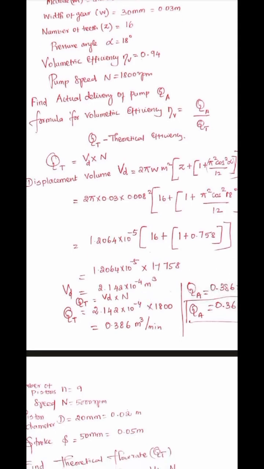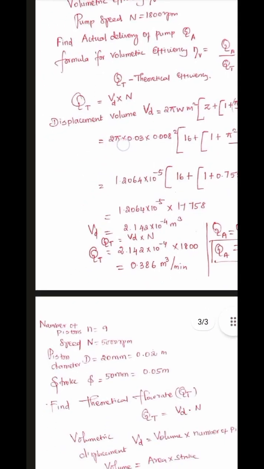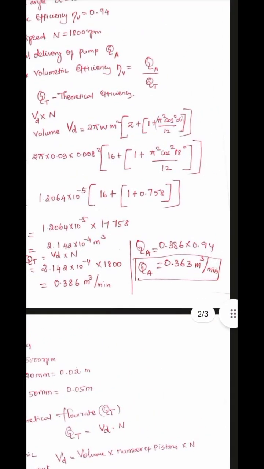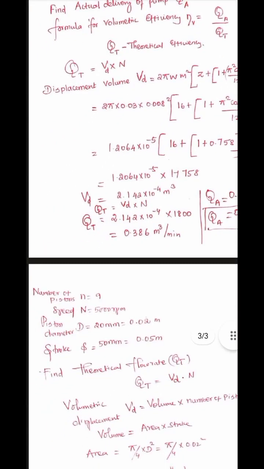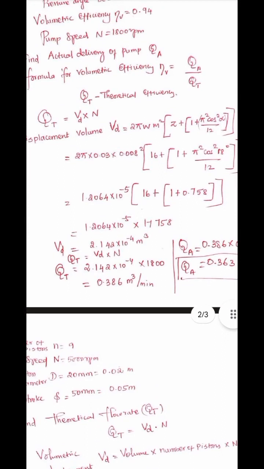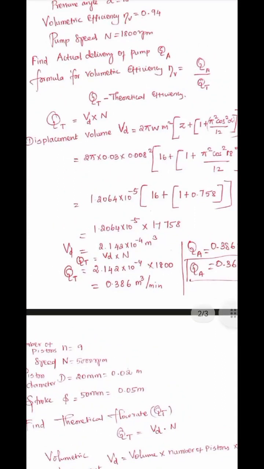Sorry, it is not a theoretical efficiency, it is a theoretical delivery. We can find out the QT. Once we find the QT, we apply the value here and then find the QA. Our ultimate aim is to find out the QA. So QA is equal to QT into efficiency, that is volumetric efficiency eta V.